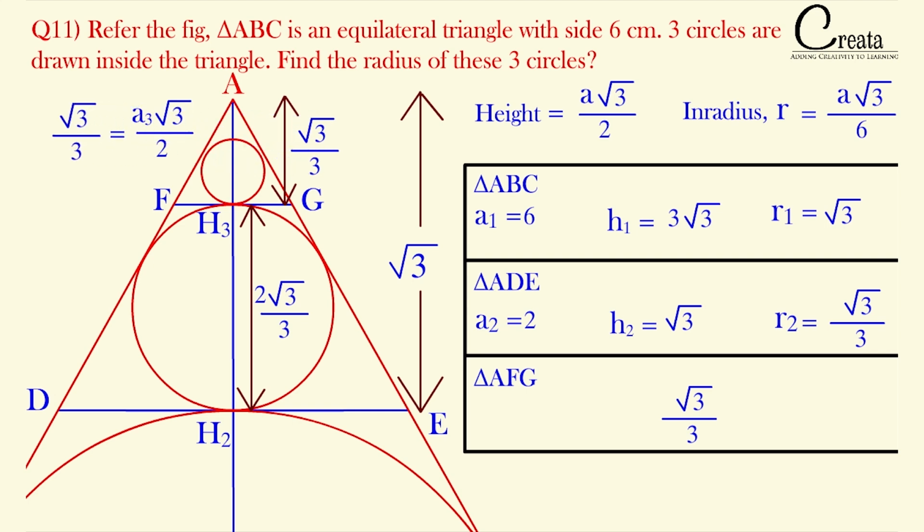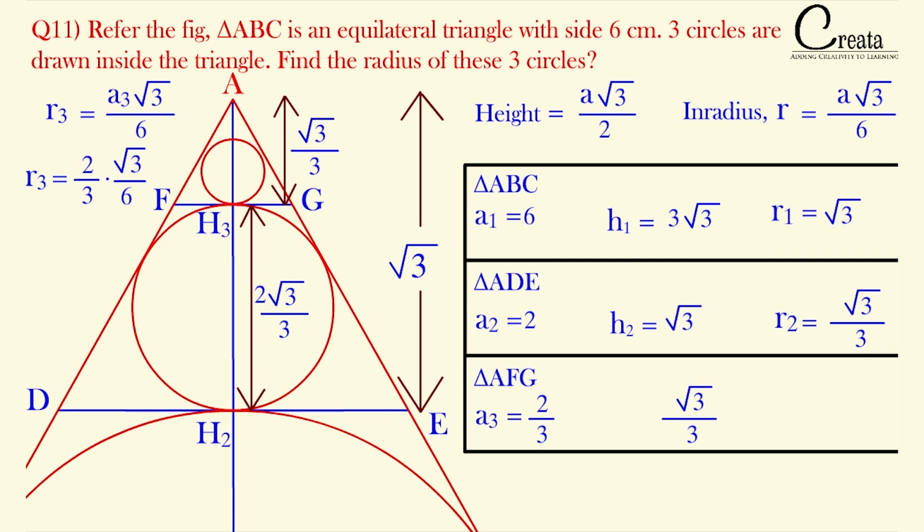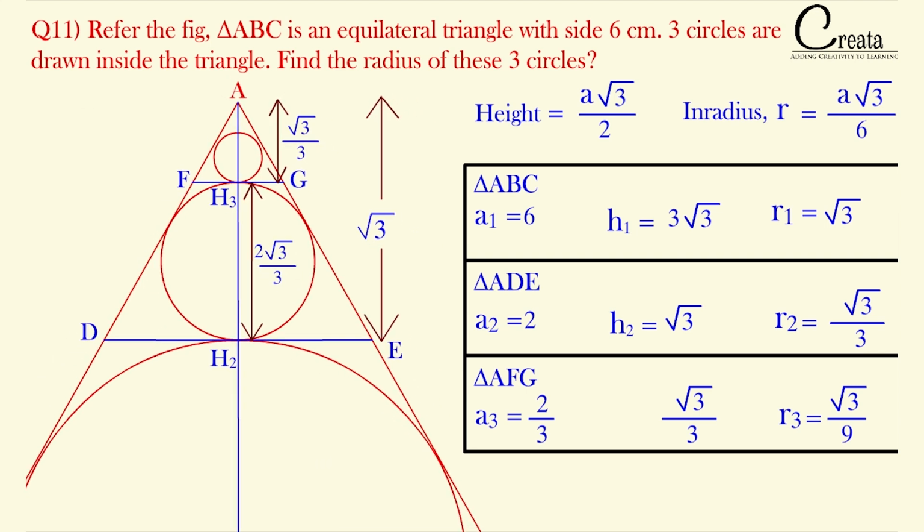On putting the value and solving, we got A3 as 2/3. That is the side of this triangle AFG. Further, the inradius, that is R3, is equal to A3√3/6. On putting the values, we got R3 as √3/9. So we got A3, H3 and R3.